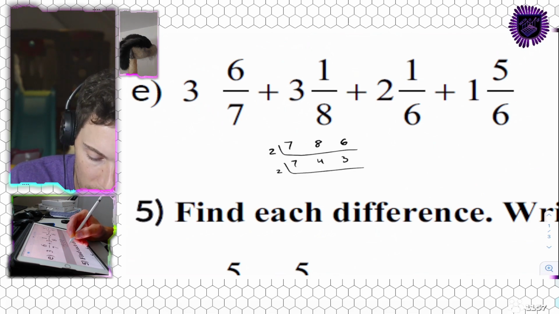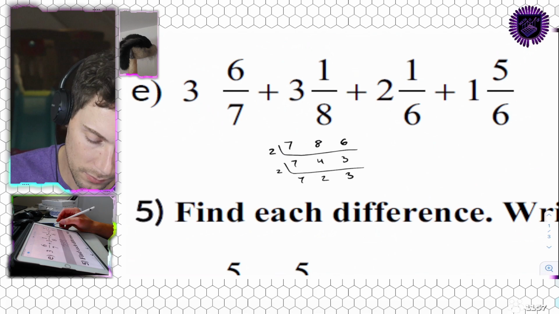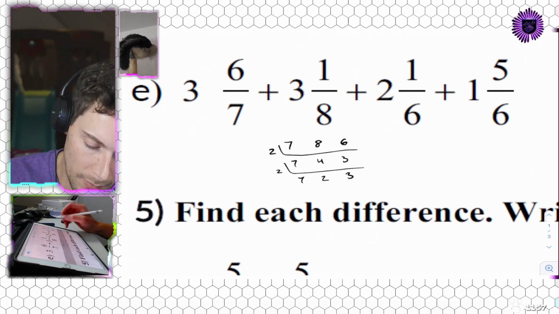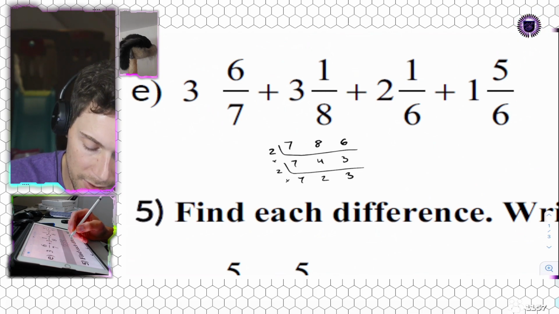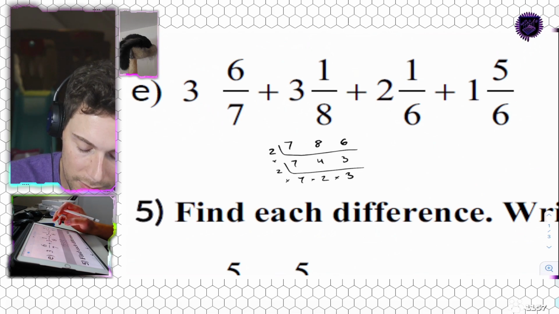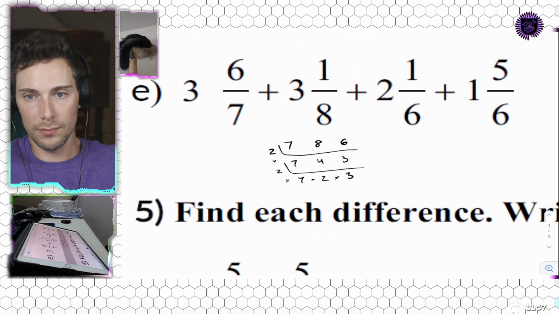Second 2, 2, 2, 3. Two times 2 is 4, times 2 times 7 is 28, times 2 is 56, times 3 is 168.